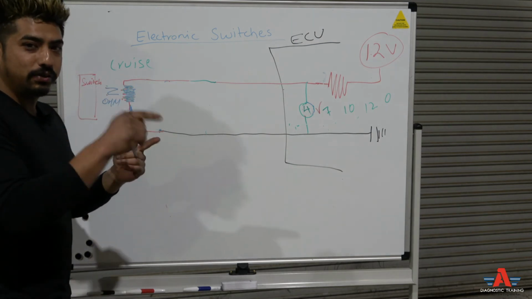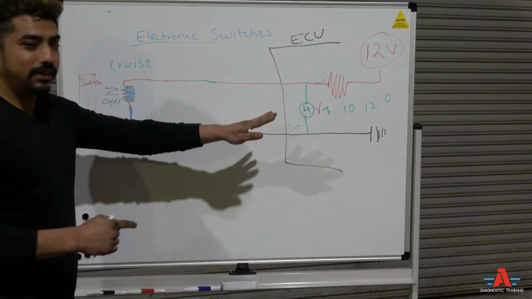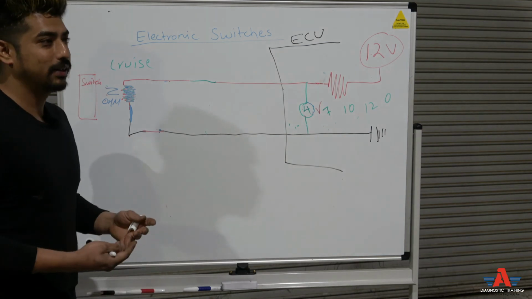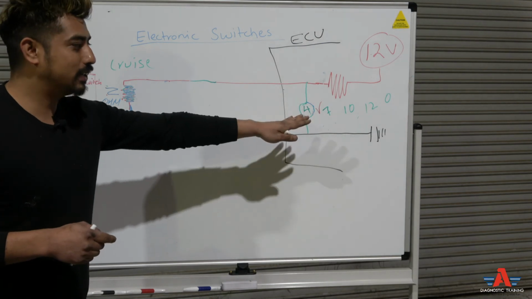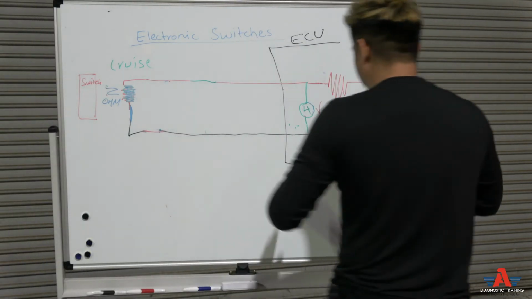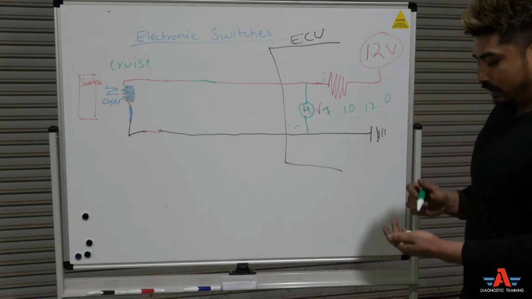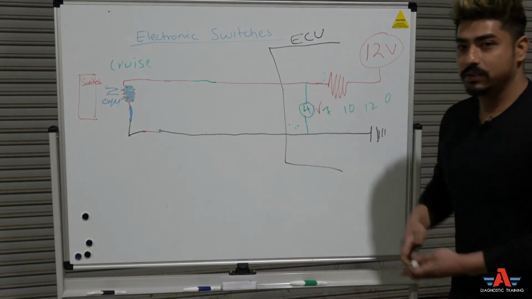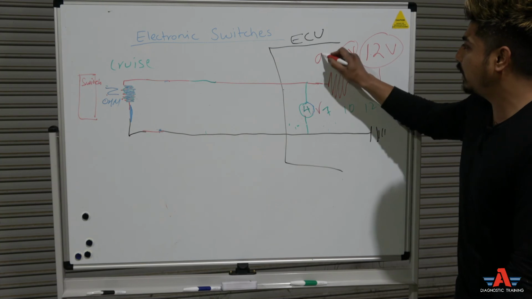Every button on the cruise control is going to have a different resistor, and in exactly the same way they're going to drop that voltage, and the computer is going to know exactly what it is when you're pressing that button, using the same fundamentals. Now some switches will have 12 volts coming in, some will have 5 volts, some could have 9 volts.